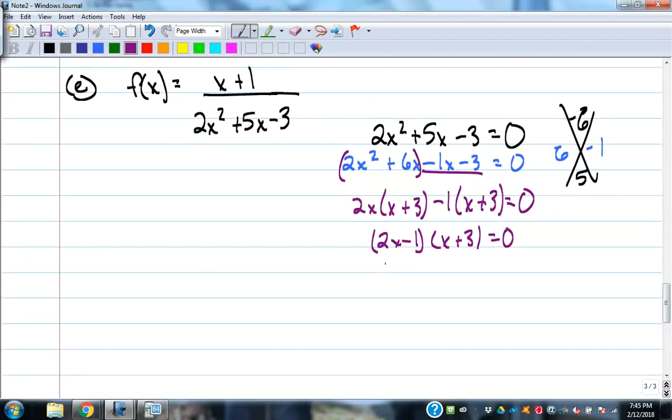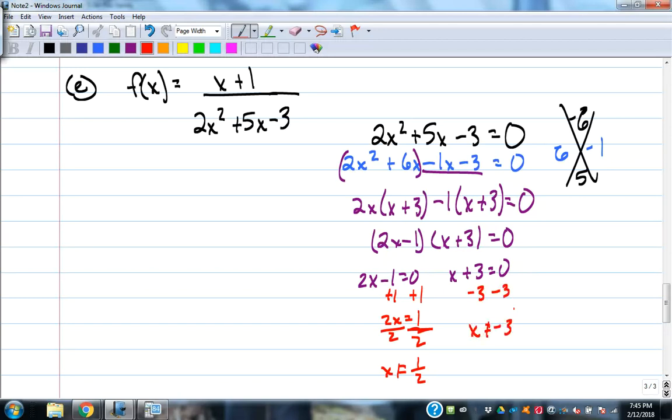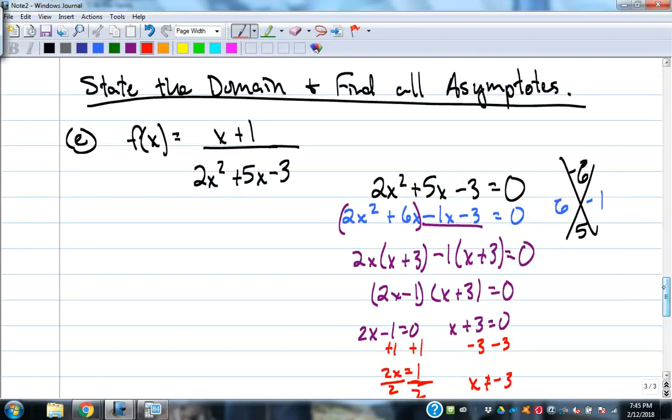And then I just set those equal to 0. 2x minus 1 equals 0, x plus 3 equals 0, and solve them. So x can't be 1/2, and x can't be -3. Those are the restrictions on my domain. So my domain: x such that x does not equal -3 and 1/2.